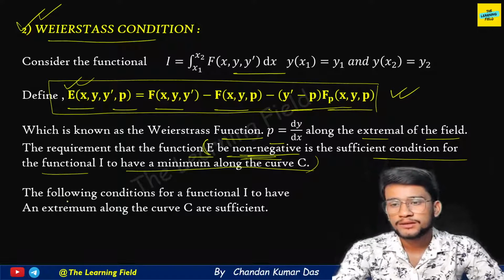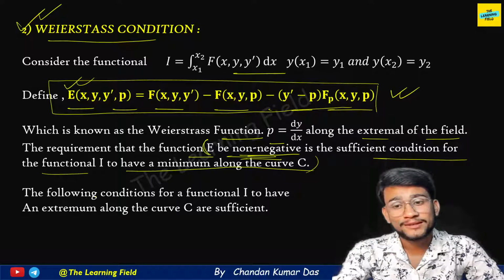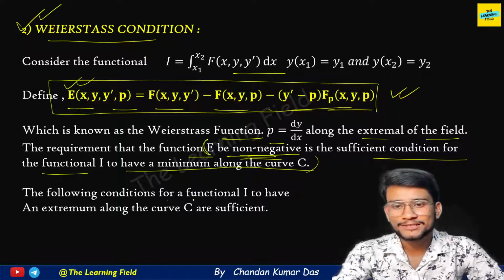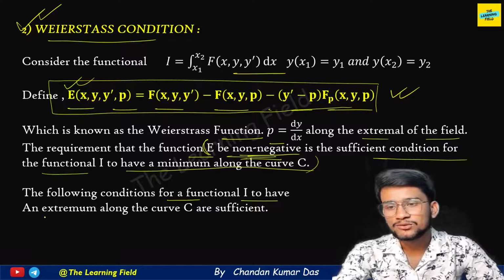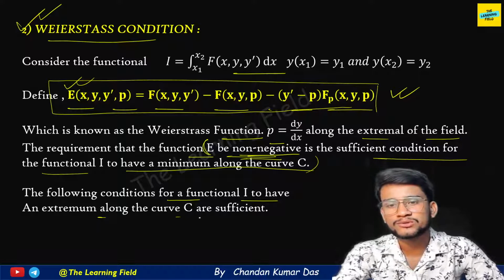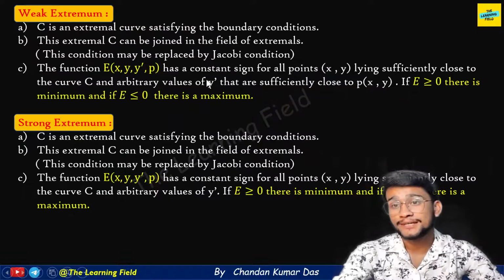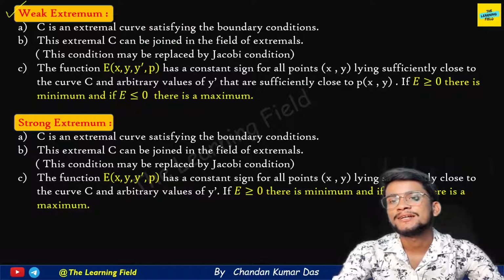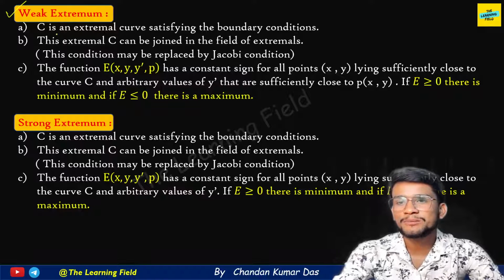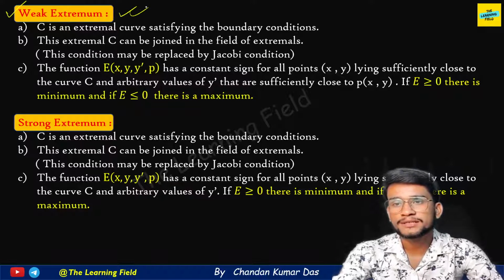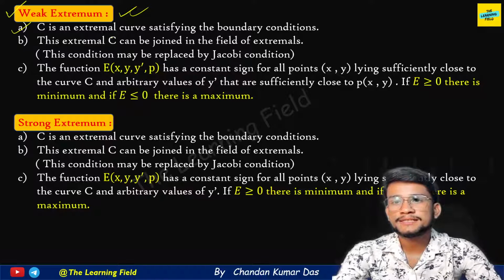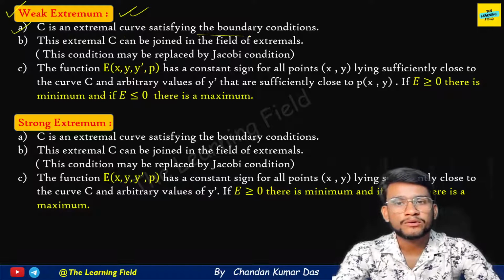Why? If you see the example, then this topic will be clear. So the following conditions for a functional I to have an extremum along the curve C are sufficient. Now comes this condition. For weak extrema, the conditions are: C is the extremal curve satisfying the boundary conditions.